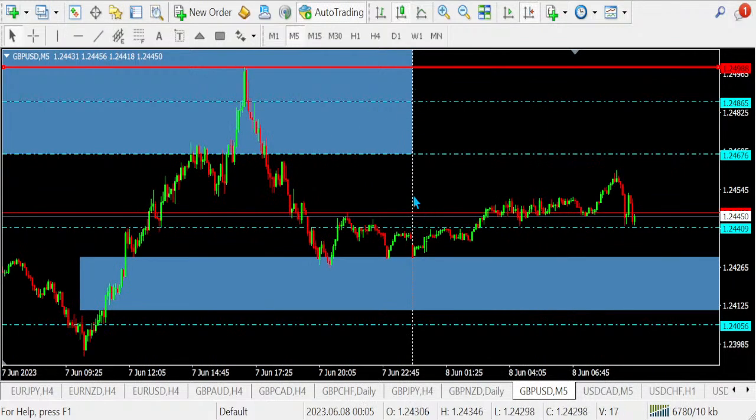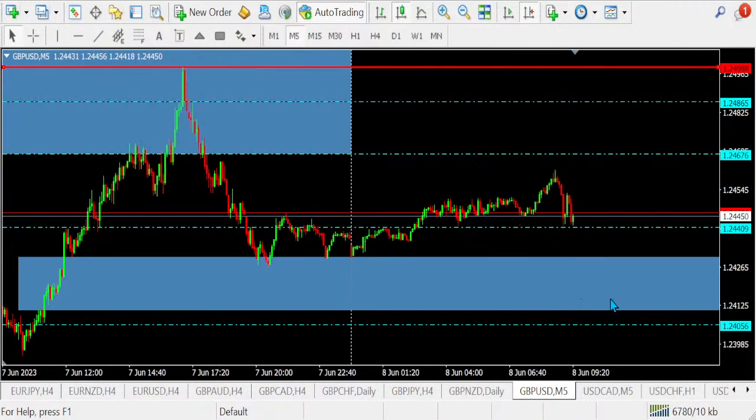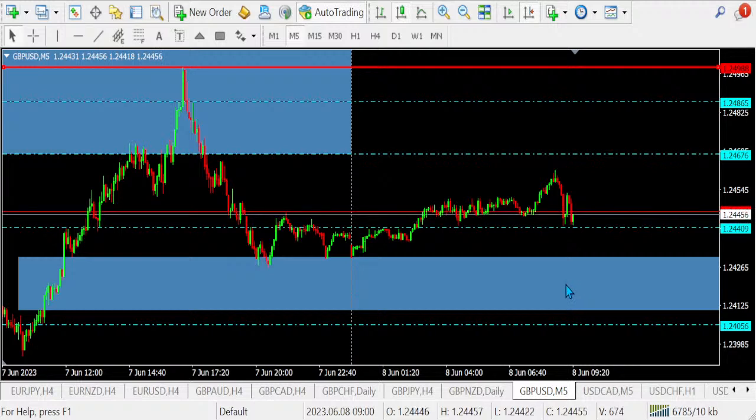Coming into this area here, this is the area that I'm looking out for a profitable area. Let's see later on if we can have any opportunity to actually grab some profit here.